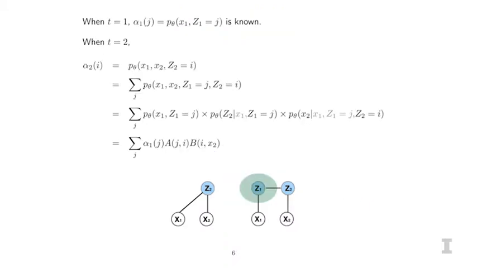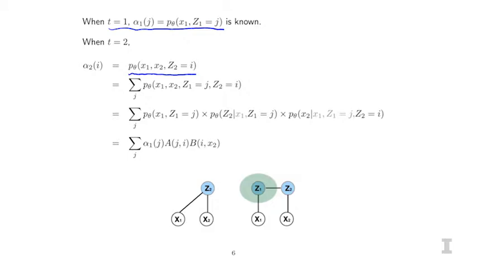Suppose we have already computed alpha of i when t is equal to 1. So this is given. Now we want to compute the forward probability when t is equal to 2. By definition, alpha 2 of i is equal to the joint probability of observing x1, x2, and also the latent variable at time 2 is i.